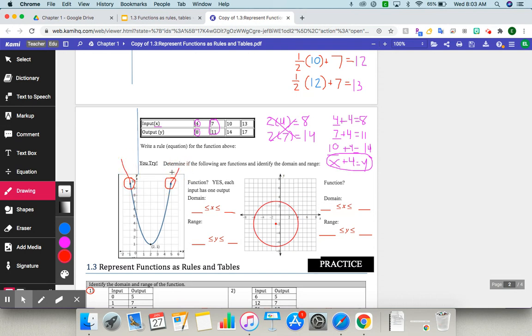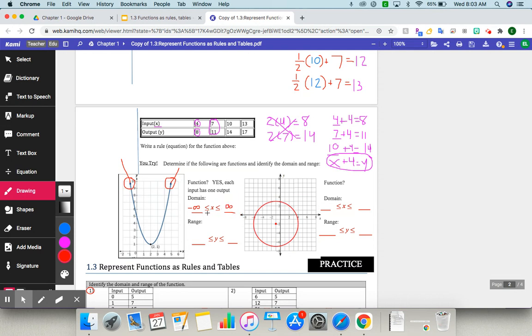And since the graph's direction is going outward, that actually means that all of these x values will be covered. So what we do with that is we state -infinity to +infinity.